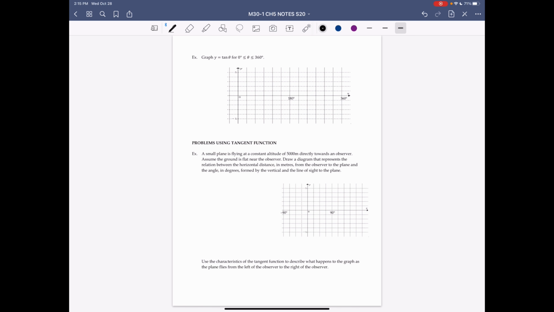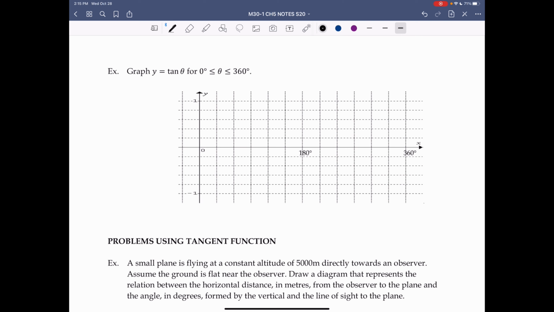Graph y equals tan theta for 0 degrees less than or equal to theta less than or equal to 360 degrees. I'm going to start by drawing a unit circle.